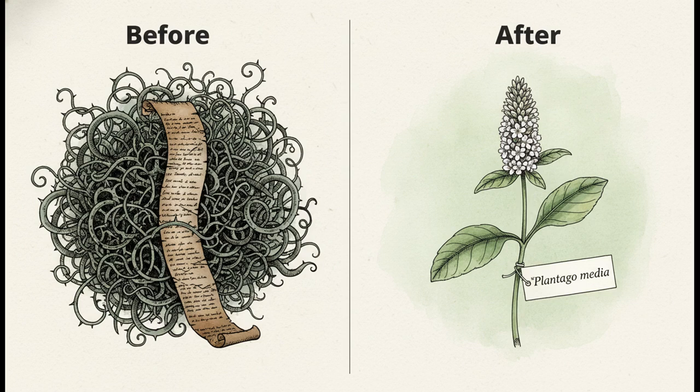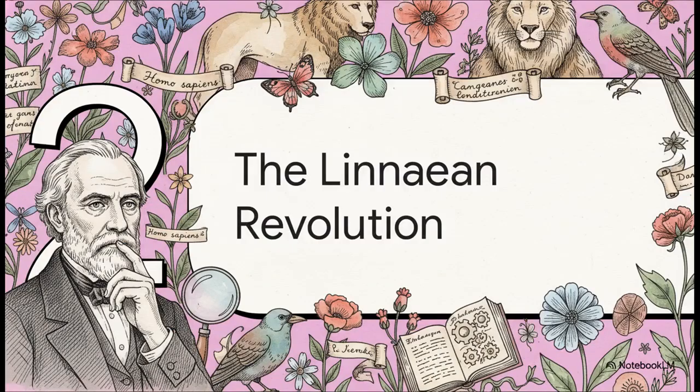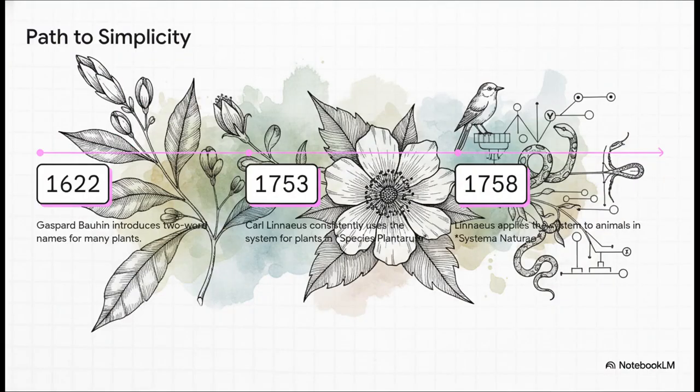So the big question is, who do we have to thank for this incredible upgrade? Well, that brings us to the hero of our story, a Swedish botanist named Carl Linnaeus. This guy looked at all that chaos and basically said, nope, we can do better. And he came up with a solution that would literally change the course of biology forever. Now, to be fair, Linnaeus didn't just invent this idea out of nowhere.